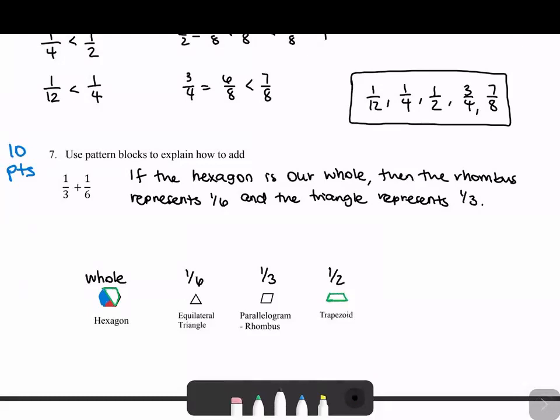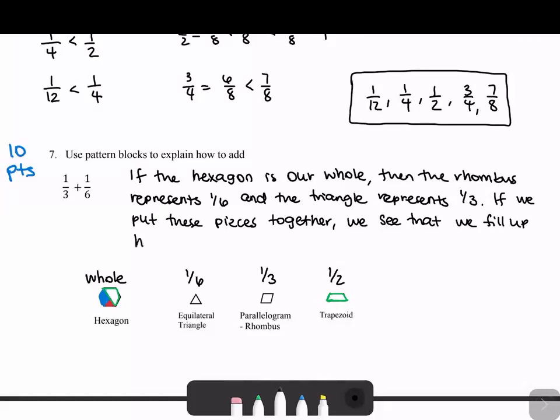Okay, so if we put these pieces together, we see that we fill up half the hexagon.